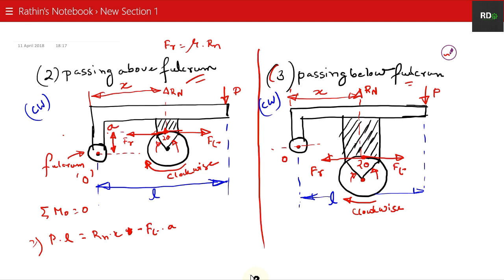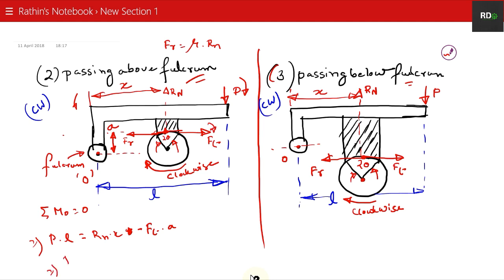If you can see, P into L is trying to move the fulcrum in the clockwise direction, but this Rn is trying to move it in the anti-clockwise direction. Again, this Ft is trying to move the point in the clockwise direction.